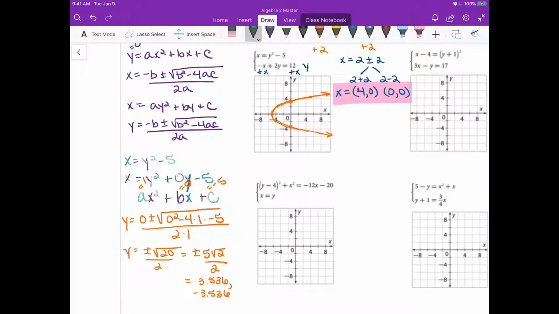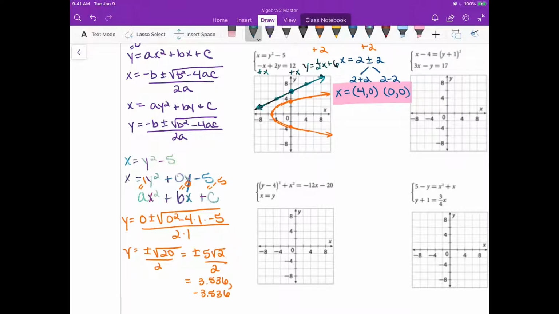So y equals 1/2 x plus 6, positive 6, run 2 up 1, make as many points as I can, connect the lines, and then you tell me how many solutions they have.